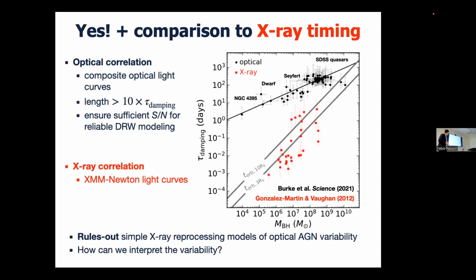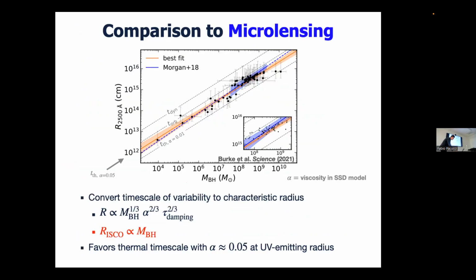Sorry, I'm still hung up on this, and we'll talk afterwards. But the relationship between ISCO and mass of the black hole does depend on spin and whether it's prograde or retrograde. If you start at spin 0, you get scatter on both sides.